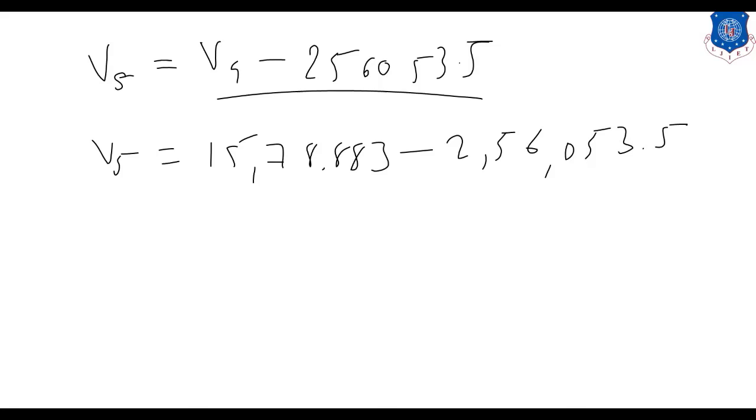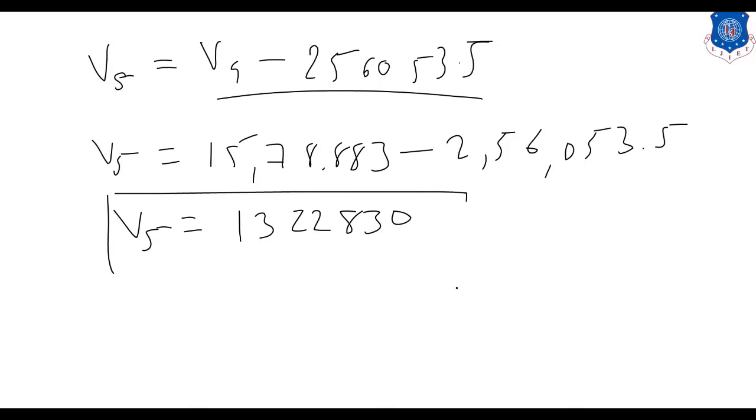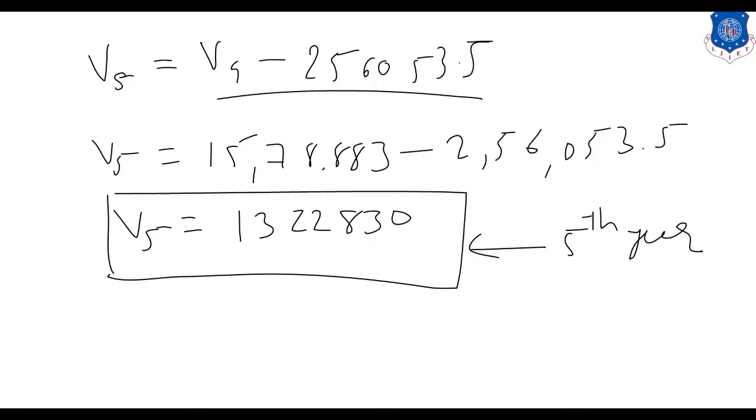So the book value at the end of the 5th year is 13 lakhs 22,813. This is the value of the distillation column at the end of the 5th year, so it becomes our answer.